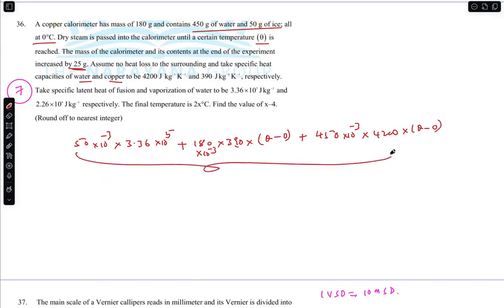Remember, the entire term is heat gained.